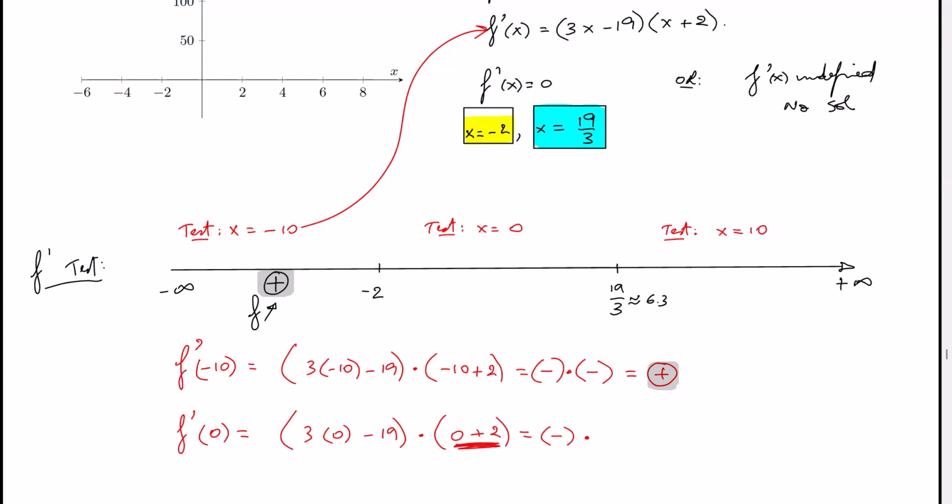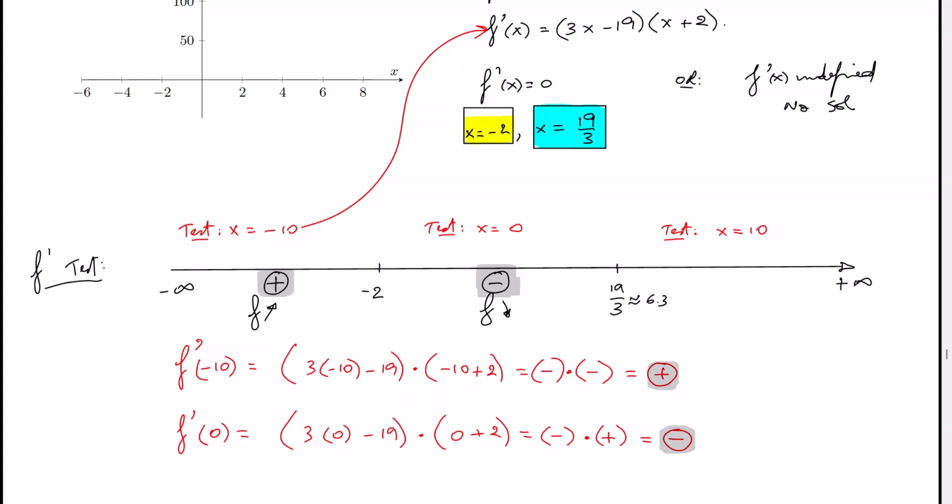So 0 plus 2 next is a positive answer. I don't care about the 2. What I care about is that the product of a negative number and a positive number will be a negative solution. So because of this minus sign again, I will record in the middle interval that the result was negative, which implies that the function was decreasing on that interval.